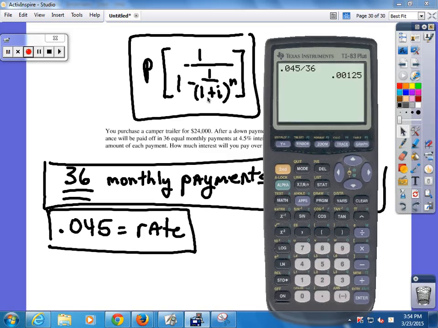And what are we going to do to it? We're going to add it to 1. We're going to raise that to the 36 power. Now I've just done this denominator, right? Now I've got to put it under what? 1 divided by that number.